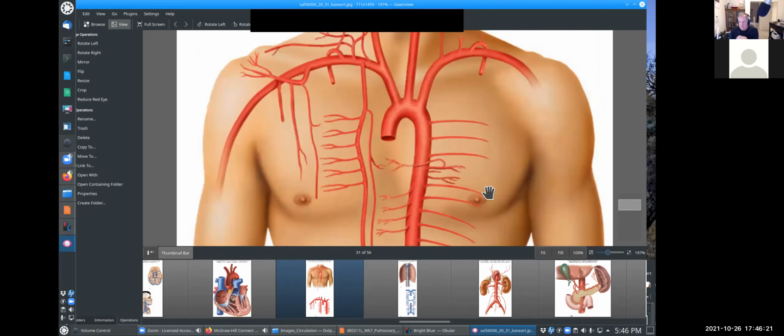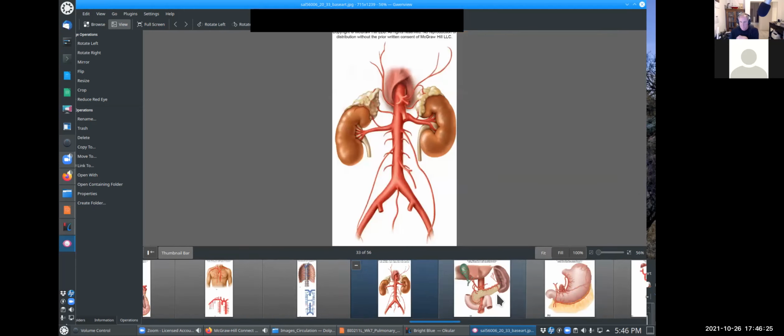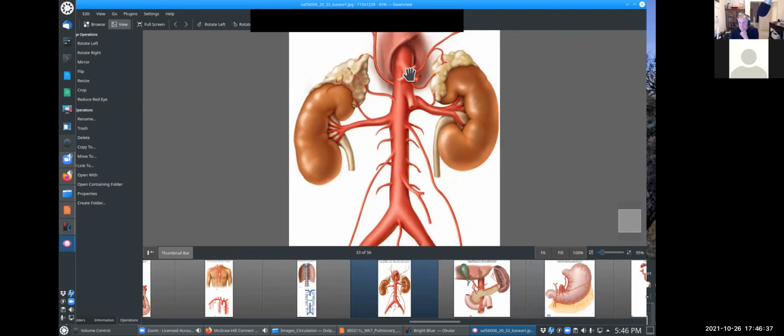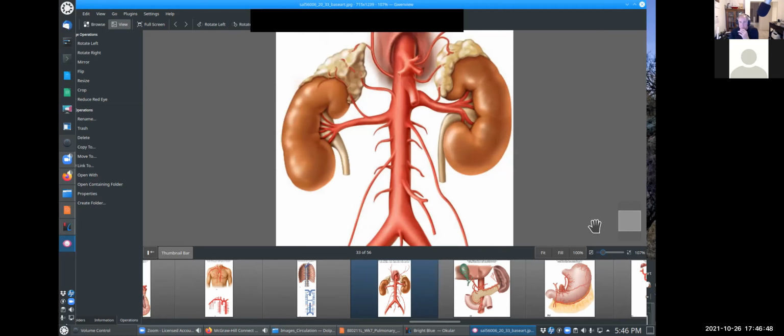I think that's all you need to know there. Then the abdomen. What's this here? The three arteries coming off of it. Is it the superior mesenteric artery?